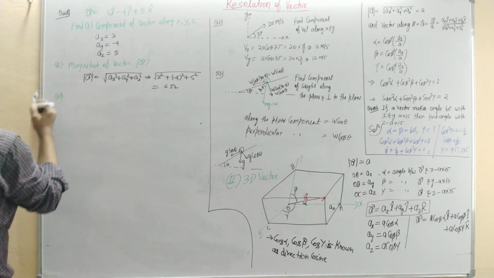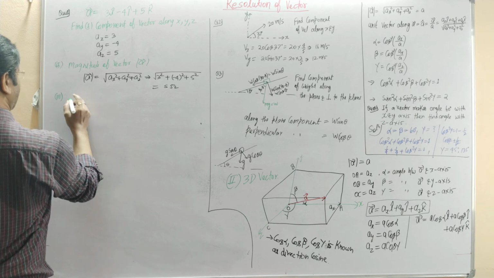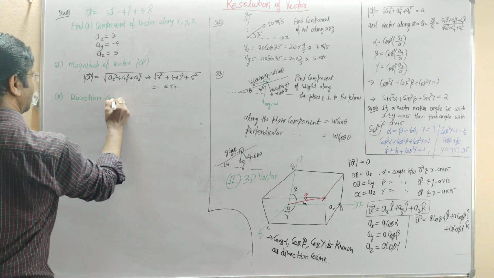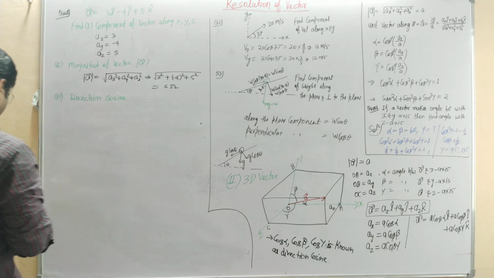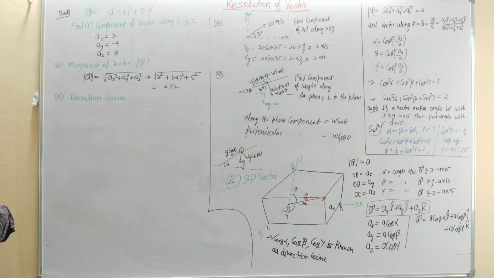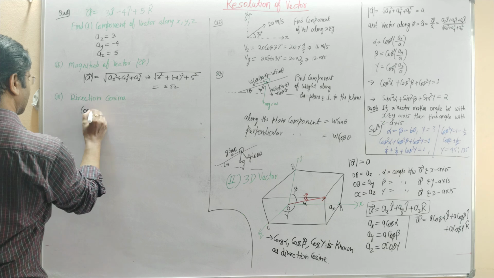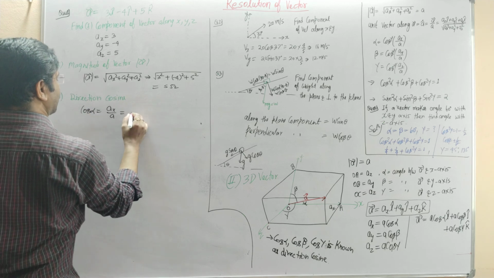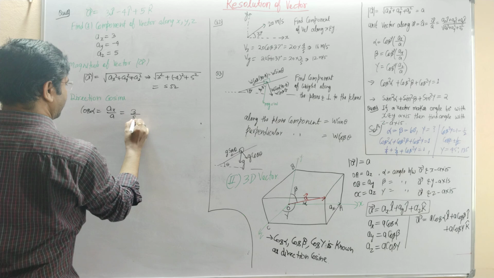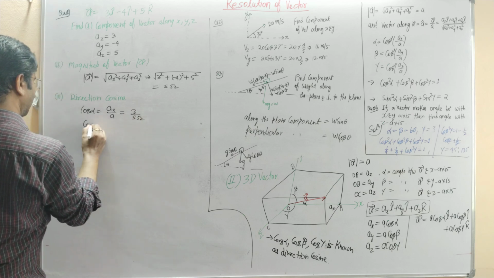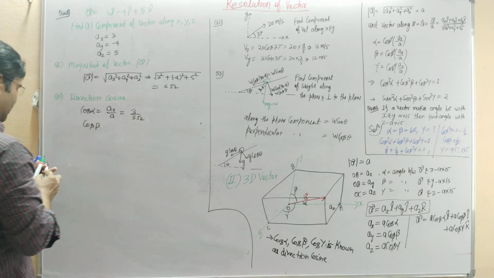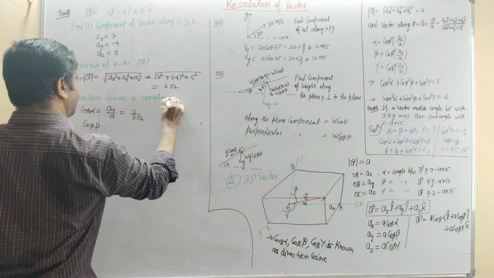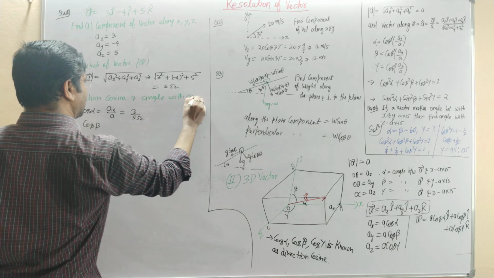Third one, direction cosine. So if we have to find out direction cosine, cos alpha, you know, is ax upon a. Already we have calculated ax is 3 and a is 5 root 2. So direction cosine and angle with axis.